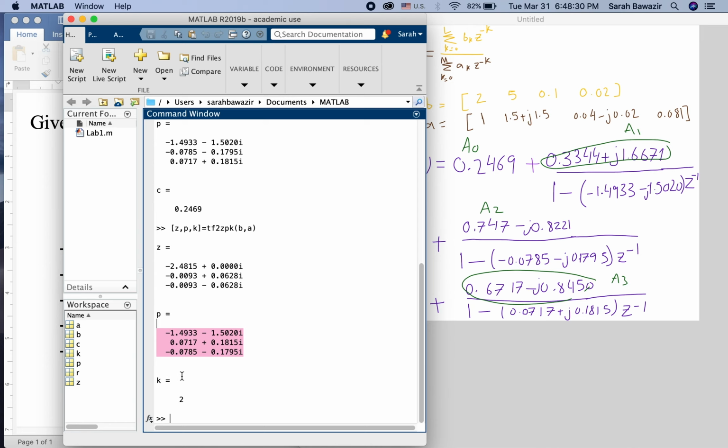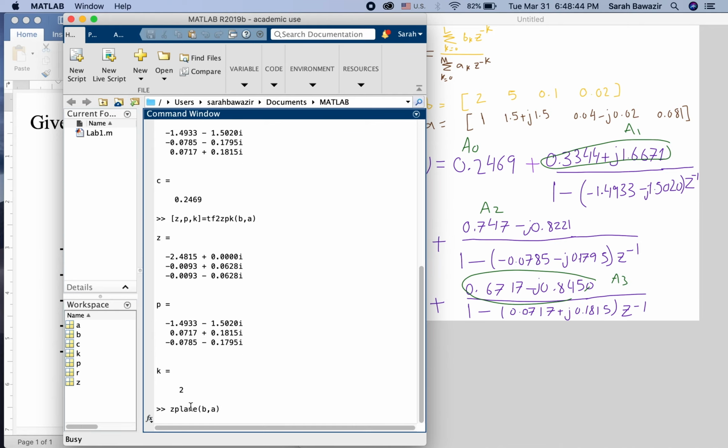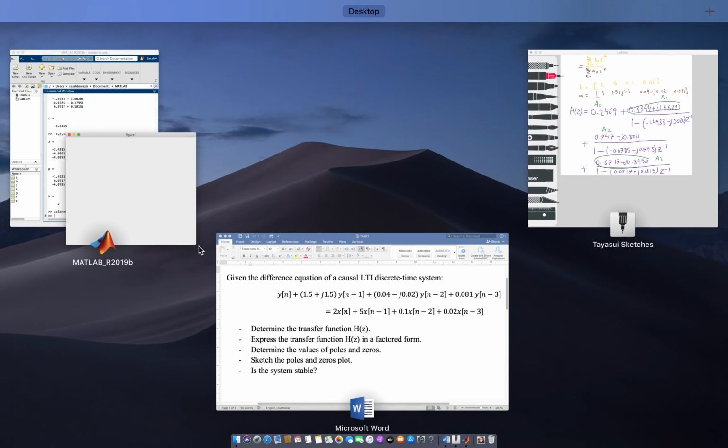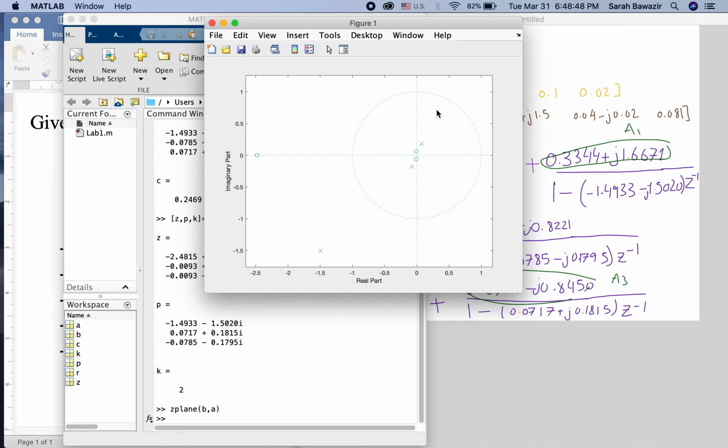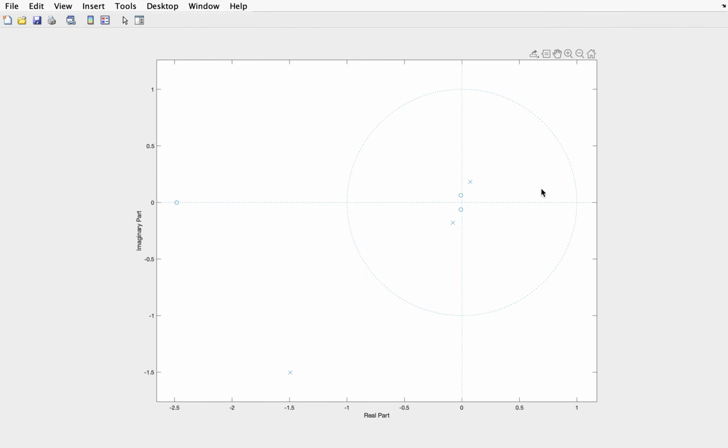We want to see the plot of the zeros and poles, so we use another command. It's called zplane, and then zplane given b and a. It will give us a plot. This is our plot of the zeros and poles.